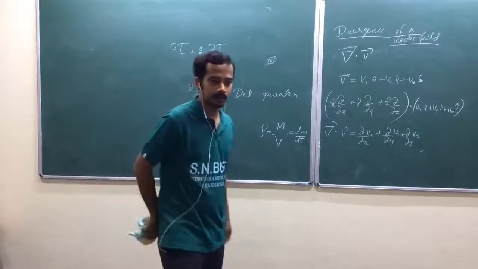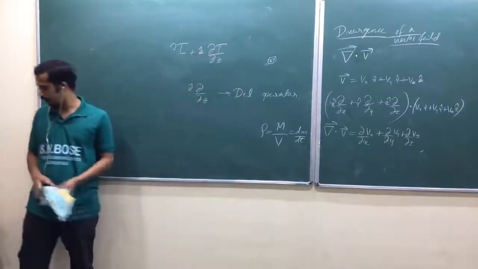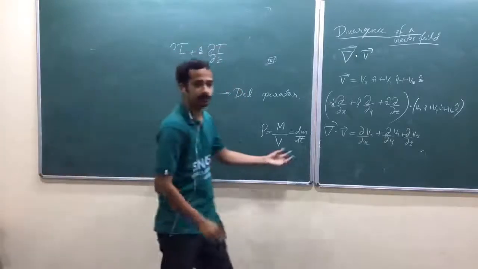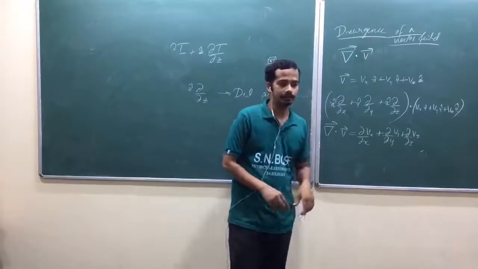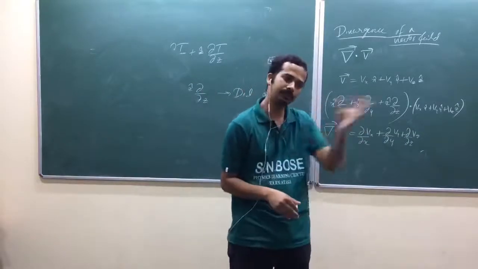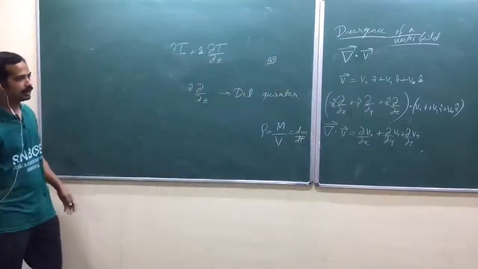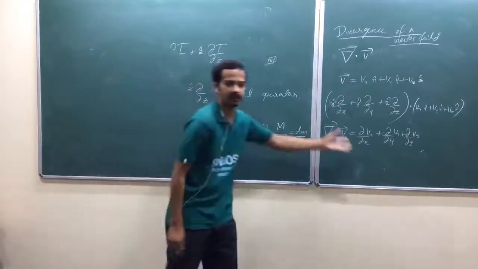Obviously, if you take the divergence and at any point you get it negative, it's a kind of flux going inward. Let me discuss this one later. Here I'm not quoting that one because it's generalized.